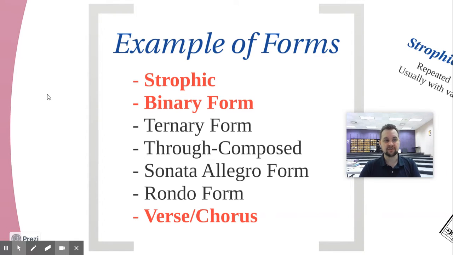These are not all of the forms, but these are 7 of the most common forms that we'll see in music. And when I'm talking about music, this is the music you might be listening to on Spotify. This is choral music. This is symphonic music. This is early Baroque. I mean, this is everything. This is what you're going to see in a lot of music.